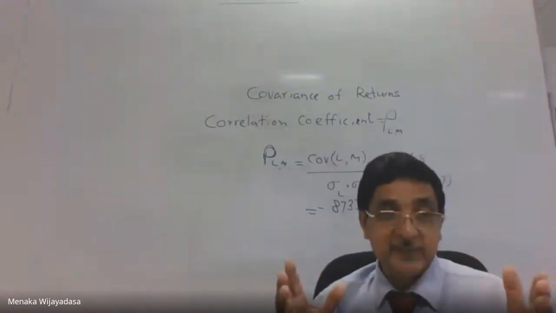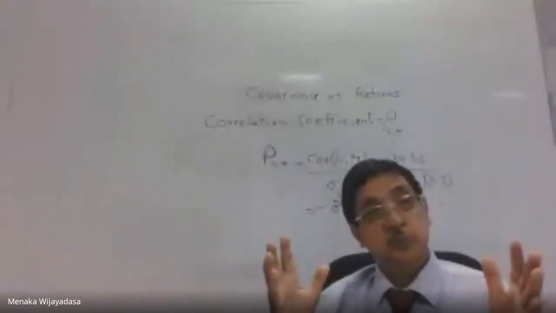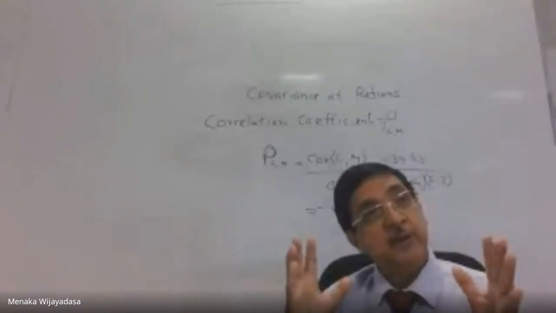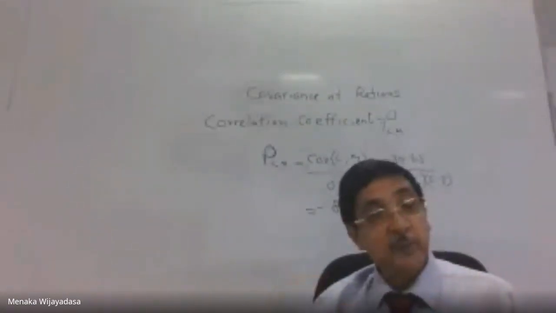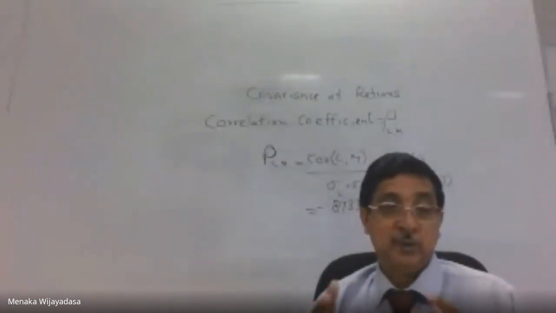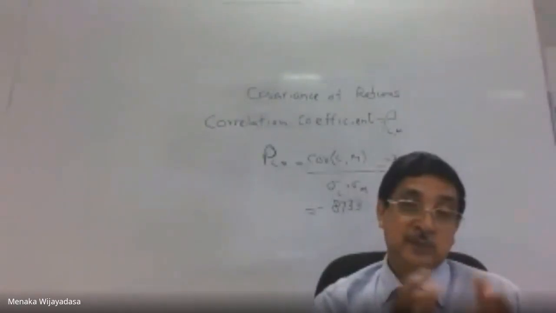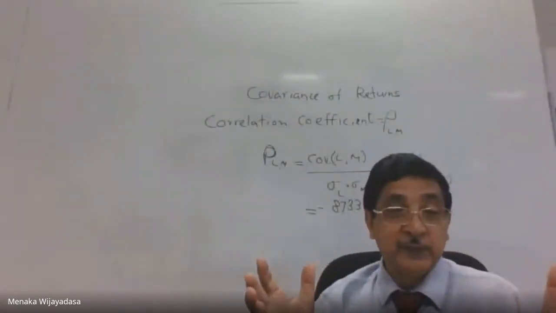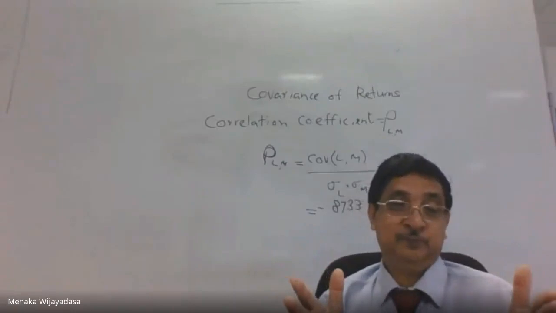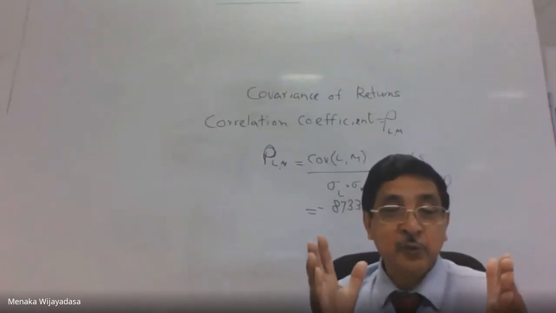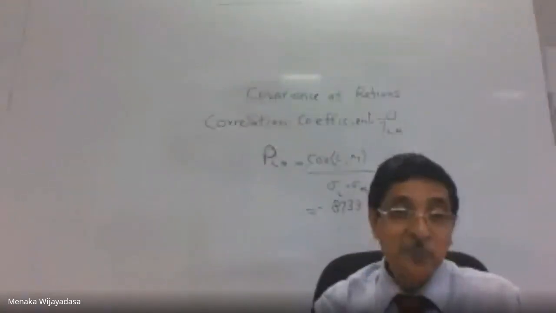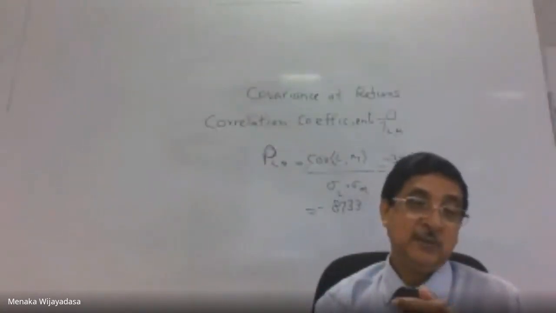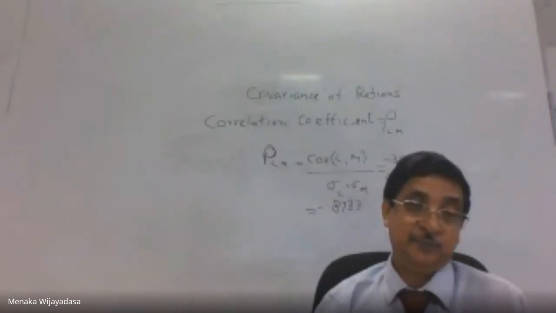In other words, when you invest in one asset, you can get a return and there will be a risk also. But if you add another asset to that, we call it a portfolio, the return of that portfolio depends on the returns of both assets and the risk of both assets. Risk is the standard deviation.